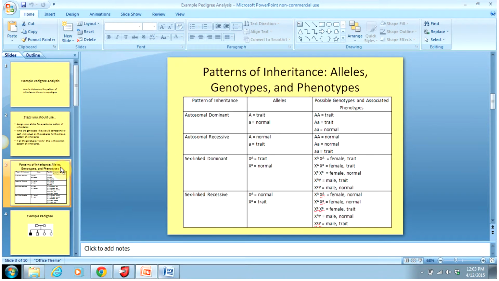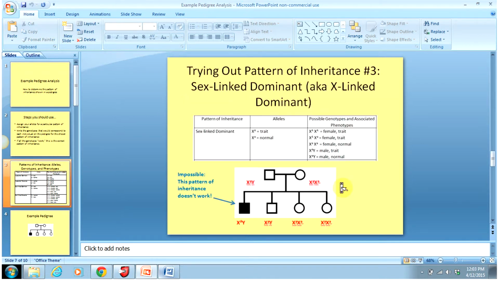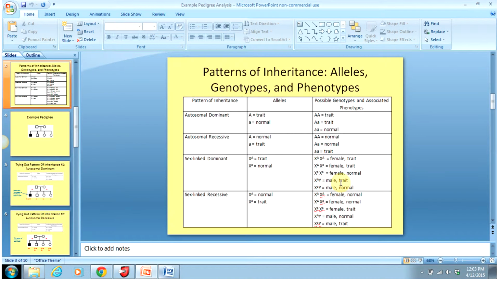You have a chart at the end of your notes that gives you 4 possible patterns of inheritance: autosomal dominant, autosomal recessive, sex-linked dominant, and sex-linked recessive. It also assigns the alleles for all of those patterns of inheritance and lists the possible genotypes and associated phenotypes.